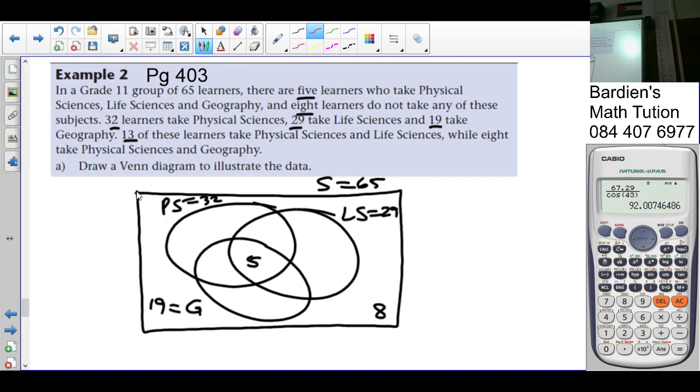So if you consider 13 takes physical science and life science, so that 13 belongs there. Not so? That's for both sets. But how many is accounted for already? 5. So how many goes there? 8. 8 plus 5 is 13. Can you see that? Whilst 8 take physical science and geography. Pencil that in.